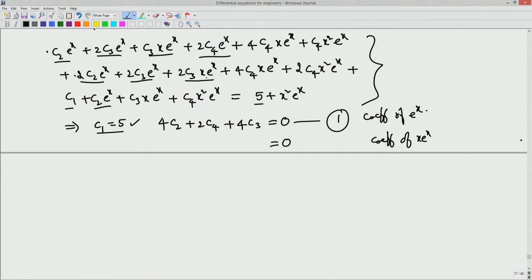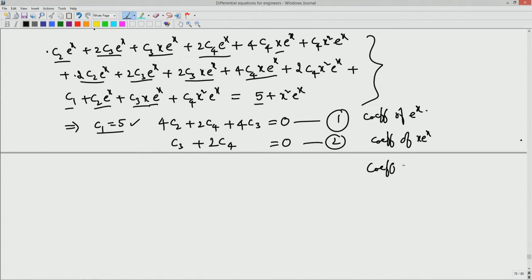So, 3 C3, 4 C3, okay, 4 C3, and then x into e power x, 4 C4 here, okay, 4 C4, 8 C4, just 8 C4, that is all, equal to 0. So, 4 cancel. So, you have, this is what you have, this is equation number 2.